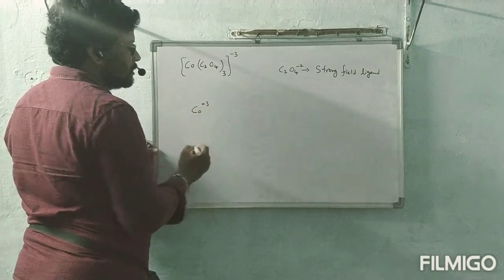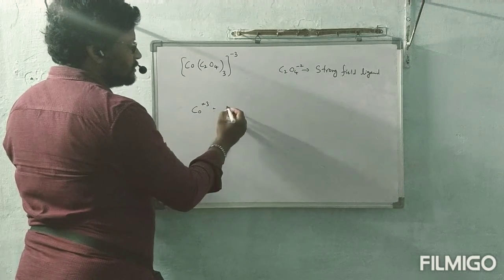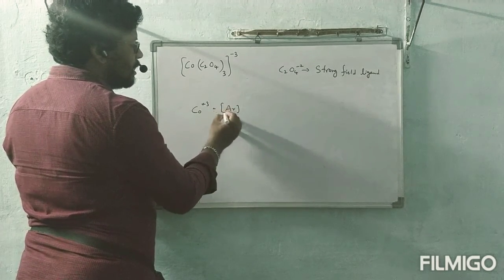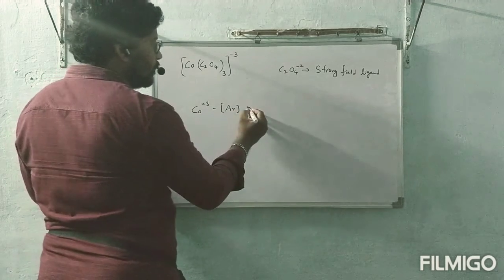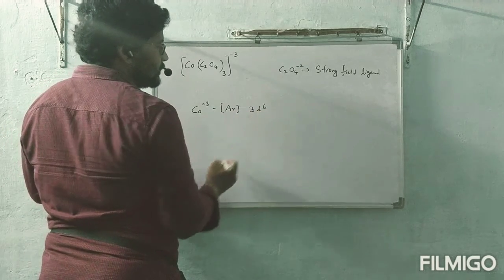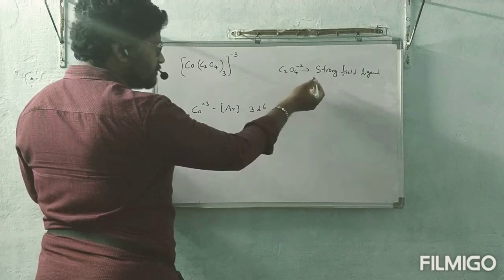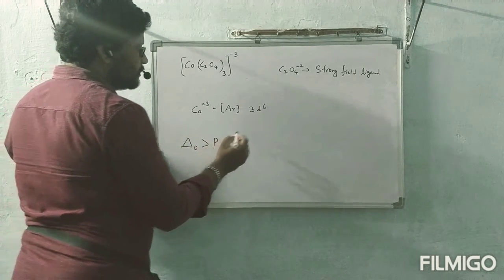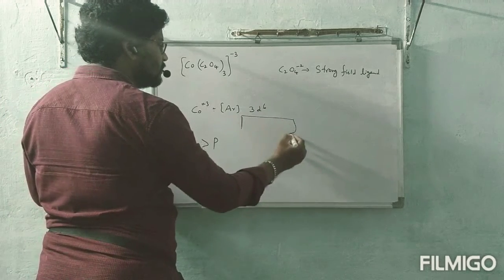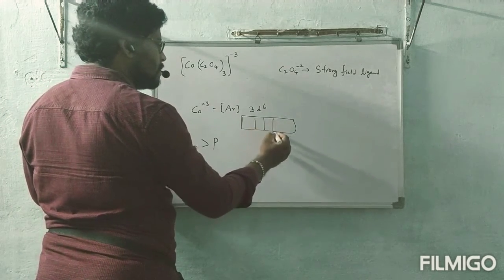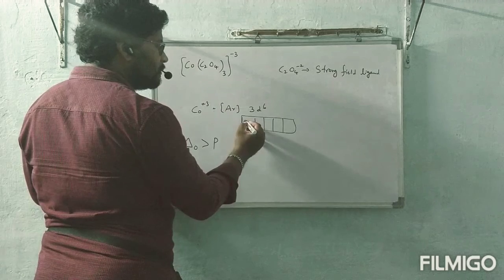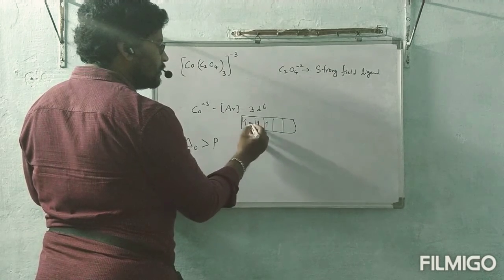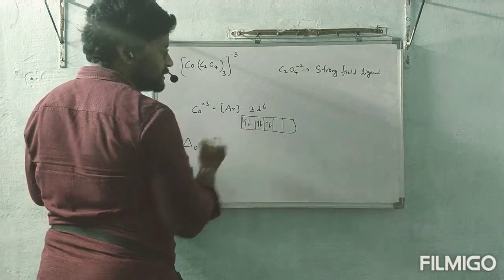Co plus 3. Co plus 3 configuration, argon 3d6. Then this is a strong field ligand. Delta naught is greater than P. These 6 electrons, what is going to happen? 1, 2, 3, 4, 5, 6.